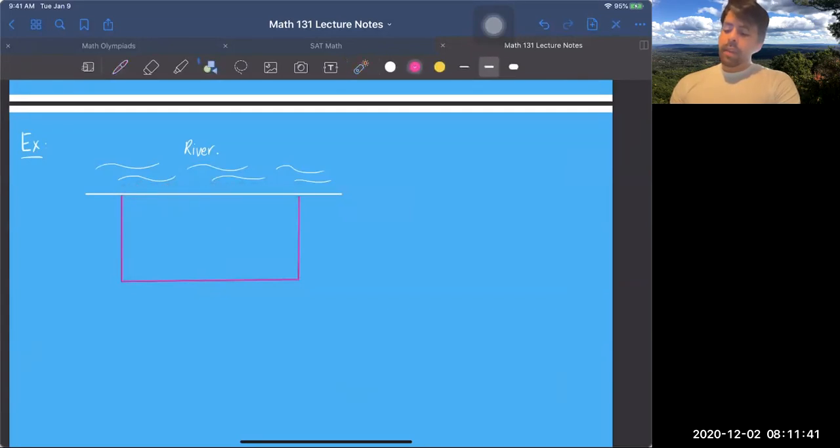But you do have this kind of setup. So he has fencing all around the red outline, and we're gonna call this X, right? This is X, and this will be Y.